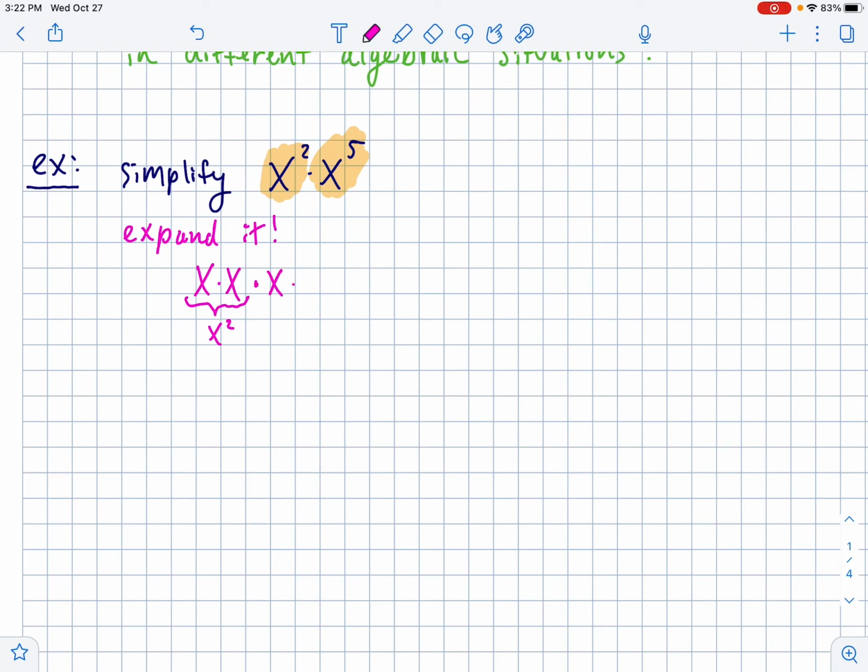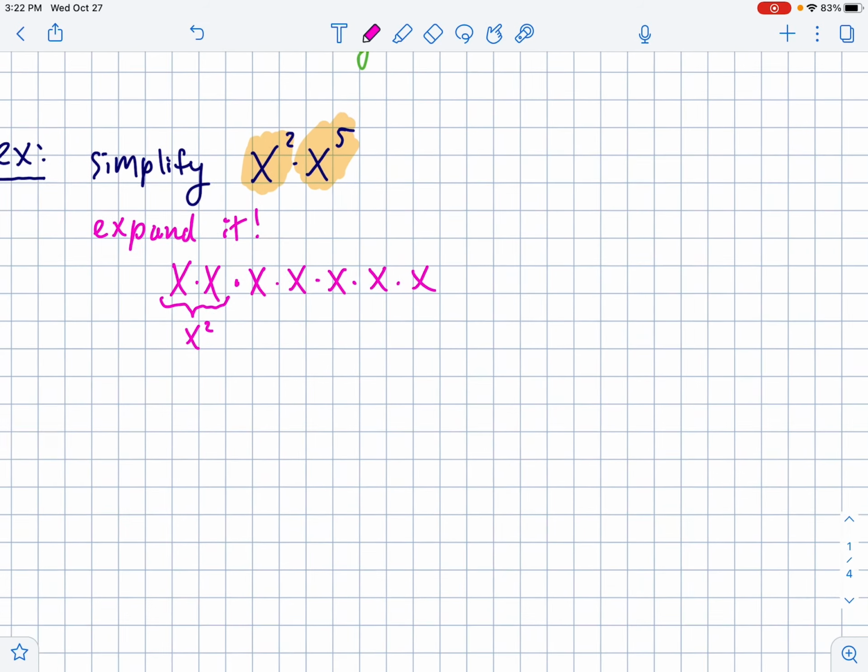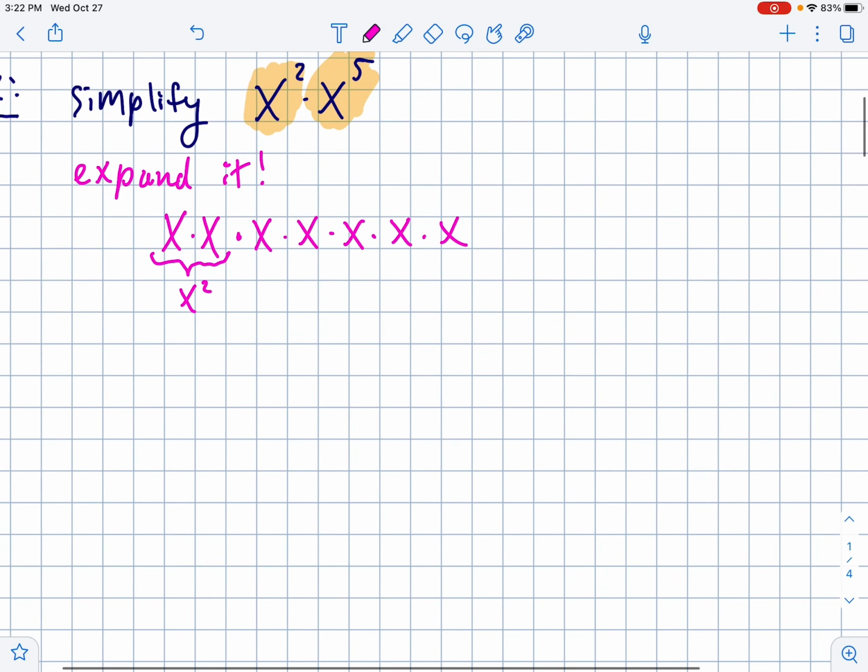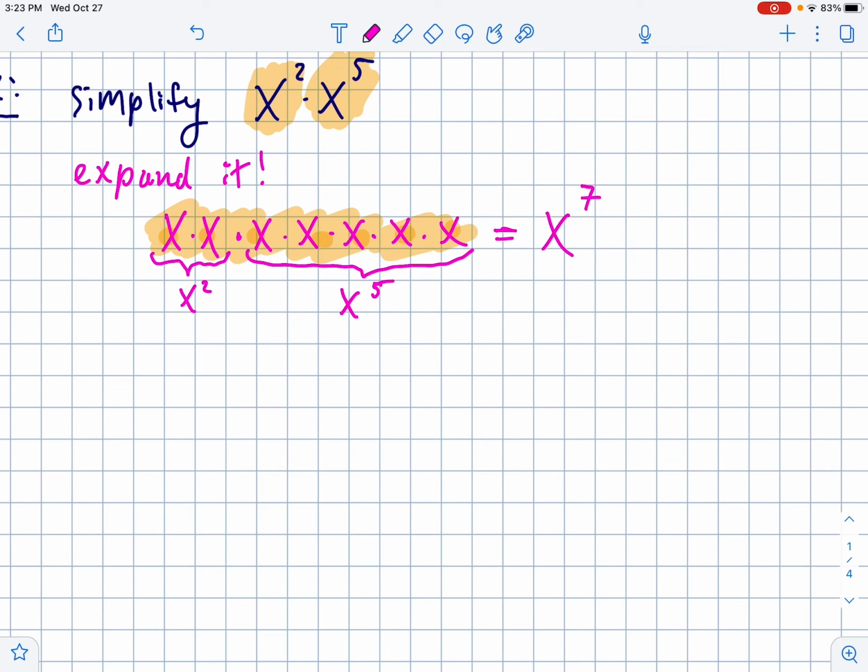So this is 1, 2, 3, 4, 5. This side right here is x to the fifth. Now, when I expand it, if you just look at how many total x's there are, you'll see that you have 1, 2, 3, 4, 5, 6, 7. So if we put this back into exponent form, this is x to the 7th.